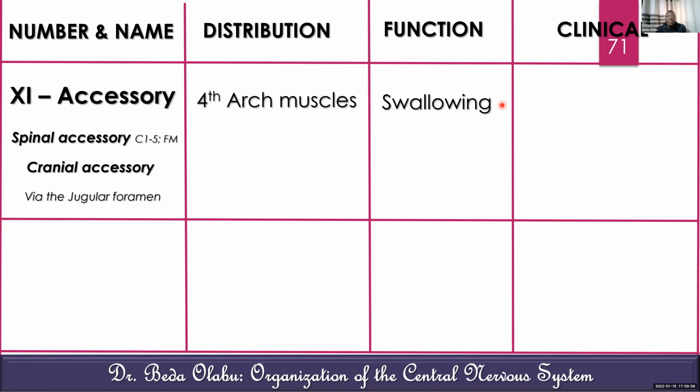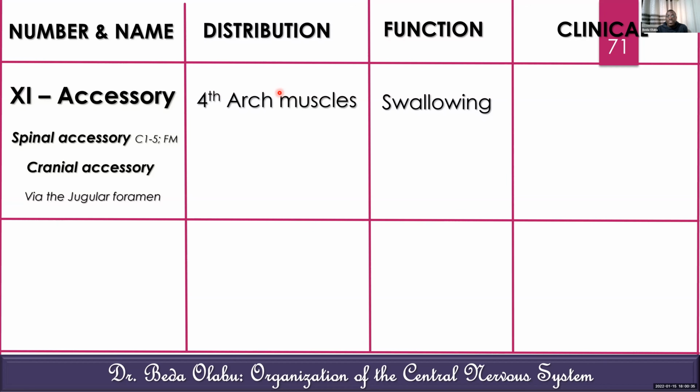And so for that reason, books will tell you that the fourth pharyngeal arch muscles are still supplied by vagus nerve, and that is still acceptable because of what I've given you. Right now, there are some authorities that debate whether there is a true existence of the cranial accessory nerve. If that be true, that it doesn't exist, then we'll basically say that fourth arch muscles are definitely supplied by vagus nerve.